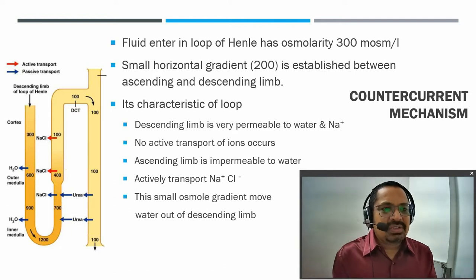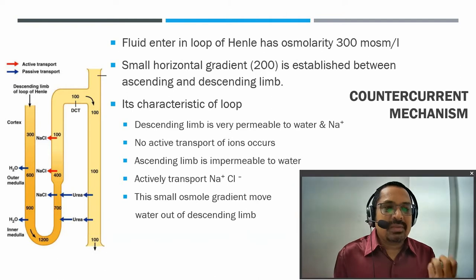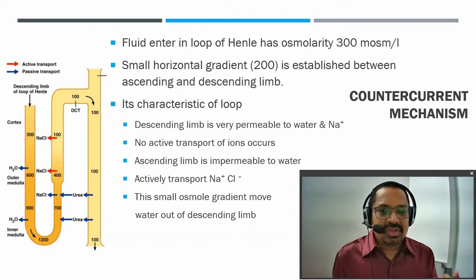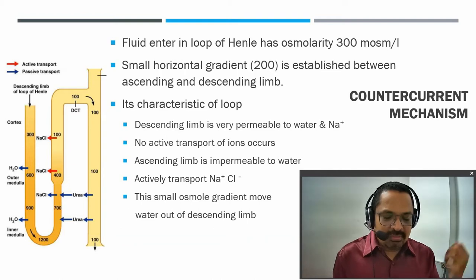The ascending limb is impermeable to water, so water permeability takes place only through the descending limb, and active transport of electrolytes occurs in the ascending limb. So this osmolar gradient moves water out of the descending limb only.